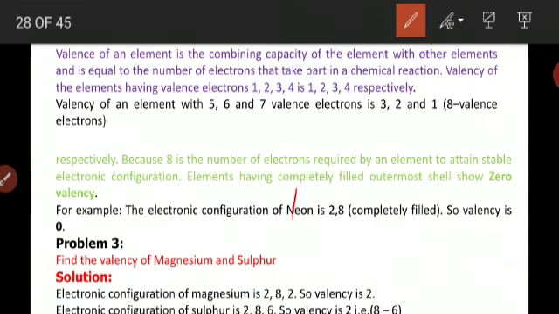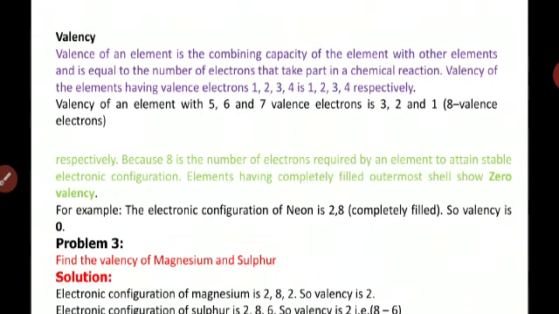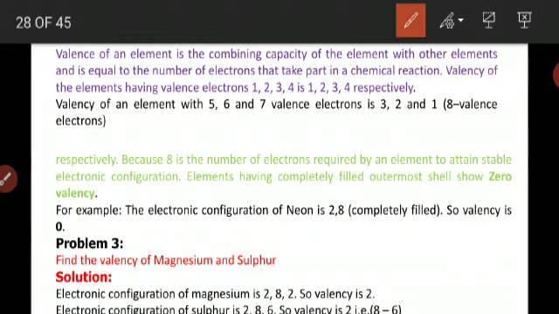For example, one problem. Find the valency of magnesium and sulfur. Magnesium has atomic number 12.